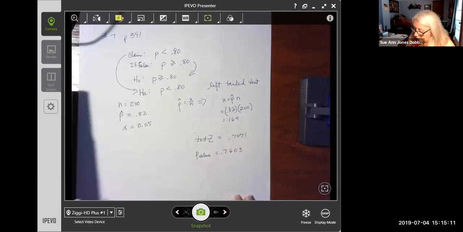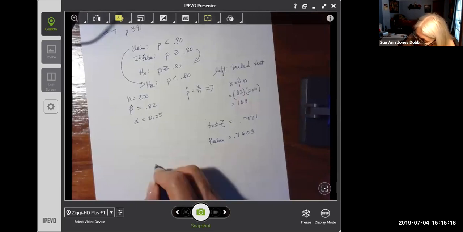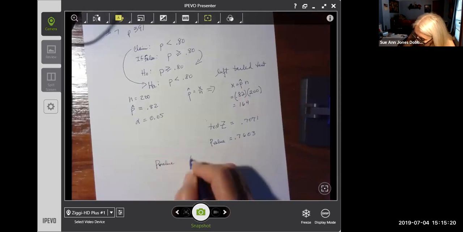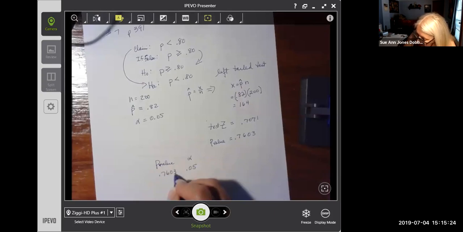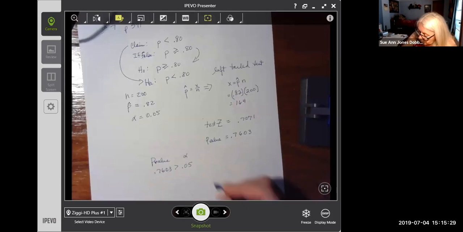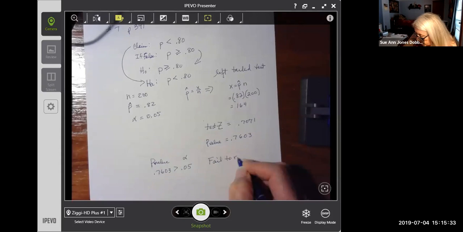Okay. So then we compare the p-value to the alpha value. Alpha was 0.05. P was 0.7603. Obviously, the p-value is a lot greater than the alpha value. Therefore, we fail to reject the null hypothesis.